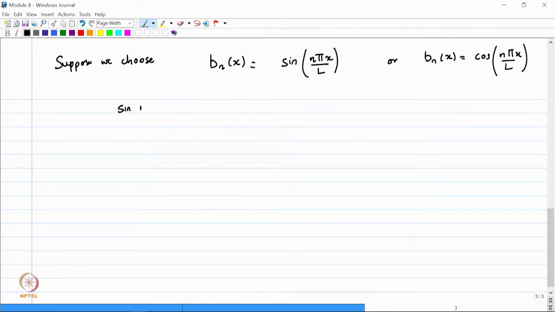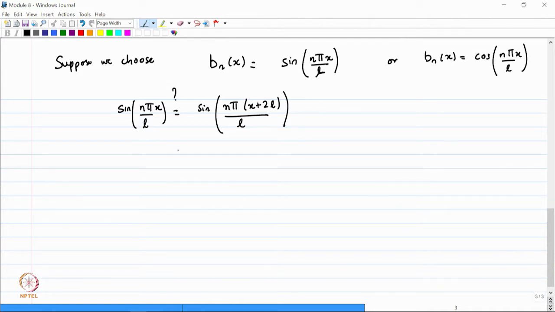So sin n pi x by L is equal to sin n pi (x plus 2L) by L. You can verify this.